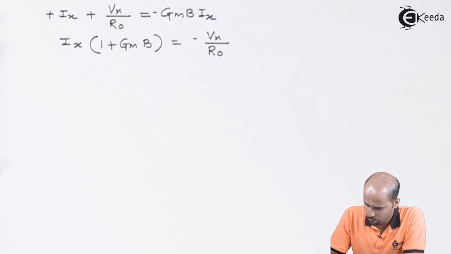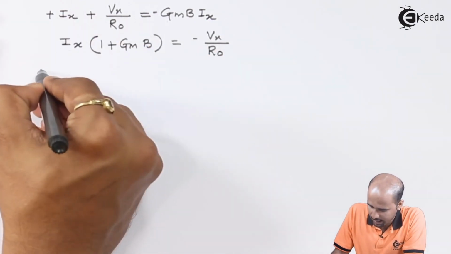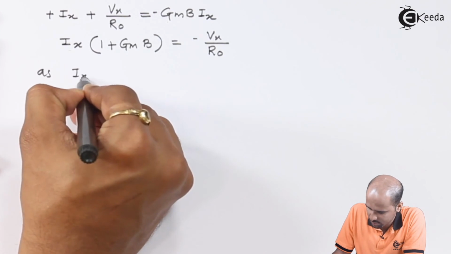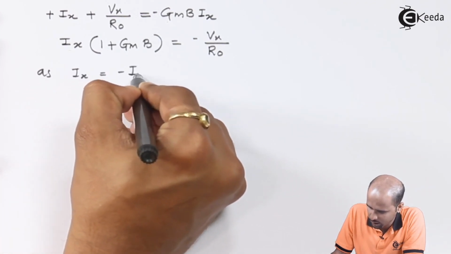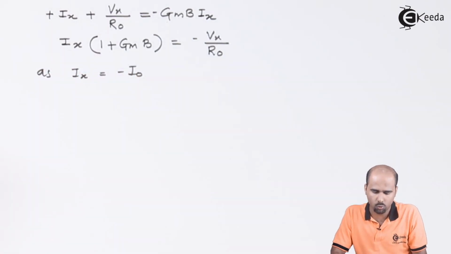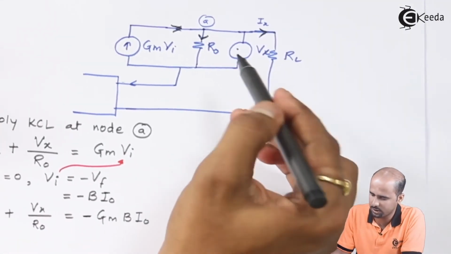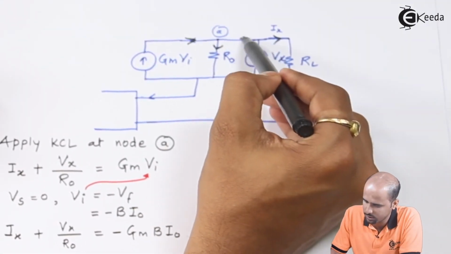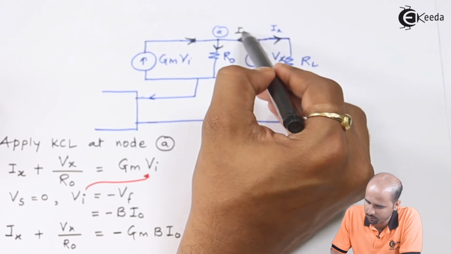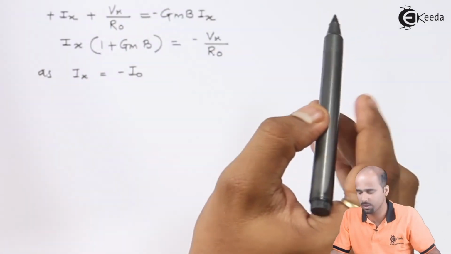Okay, so I know that Ix is equal to minus of Io, right? So whatever Io I have to consider is in the form of this. This is nothing but the value Io, exactly in opposite direction.